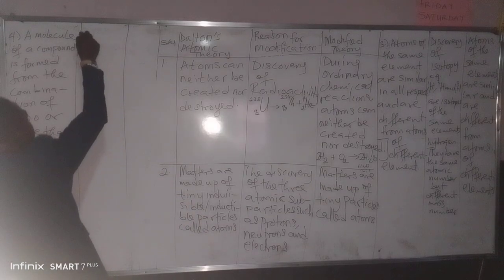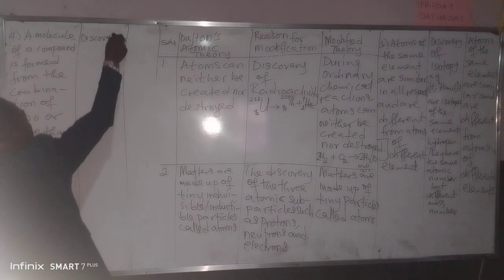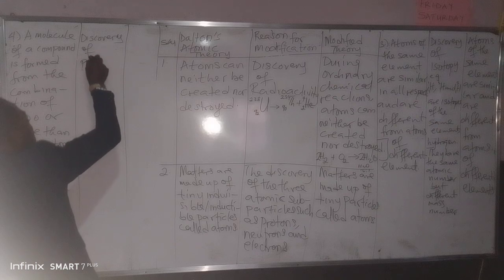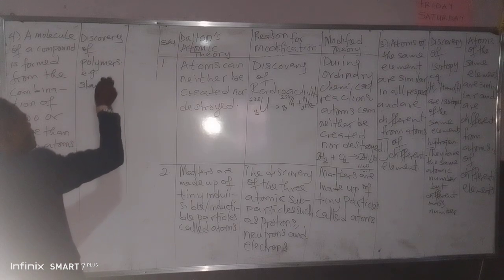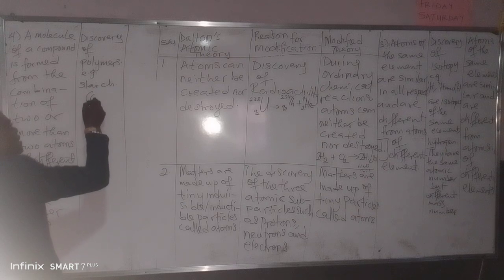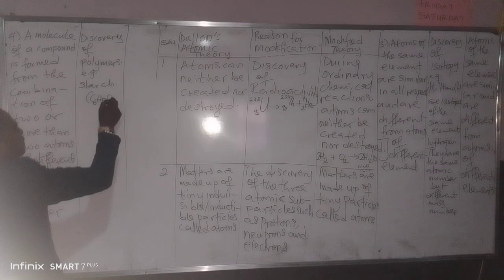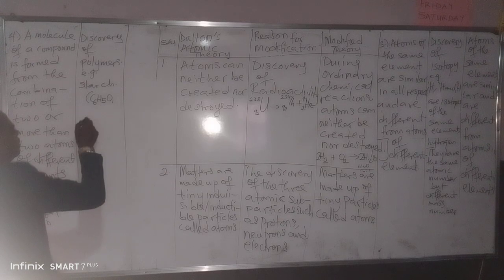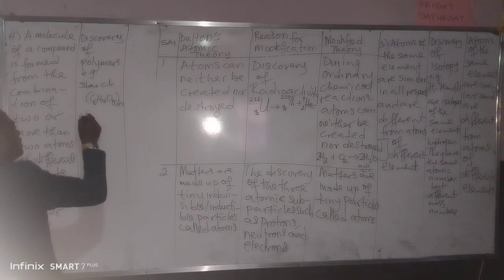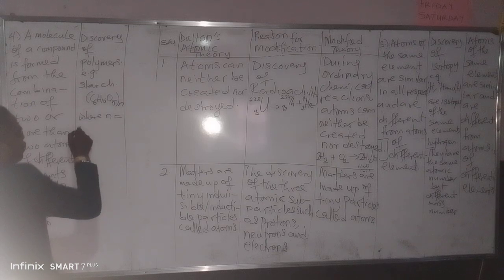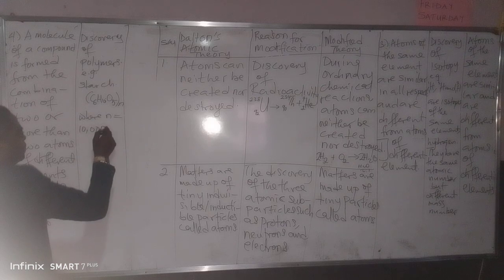But the discovery of polymers, e.g. starch now, the molecular formula of starch is (C6H10O5)n, where n is equal to 10,000 to 15,000.